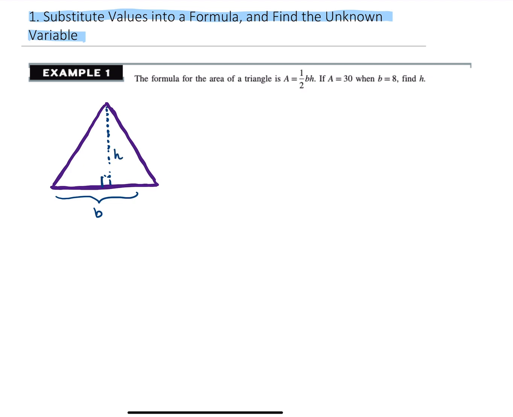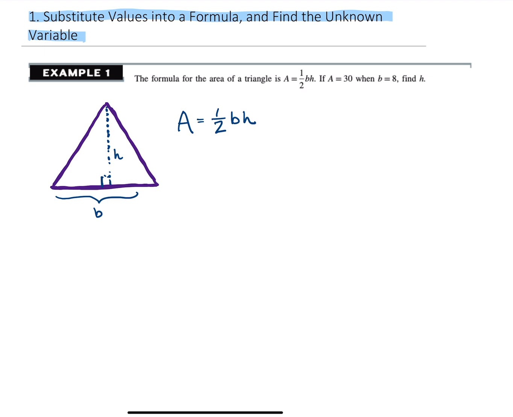So the formula for the area of a triangle is 1/2 base times height. So 1/2 times this base times this height. And it's really coming from the area of a square. We could derive it from there.